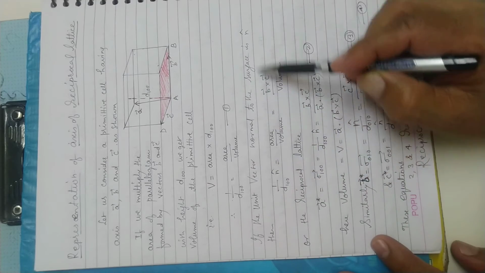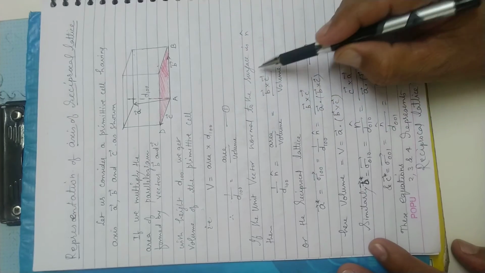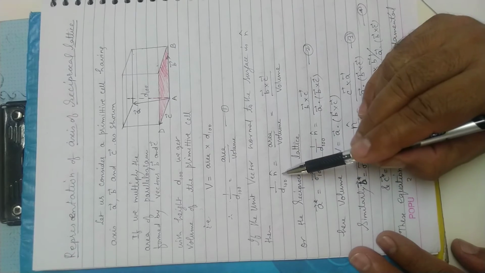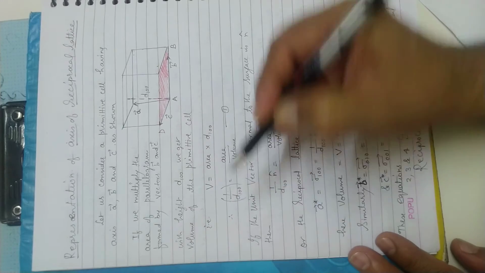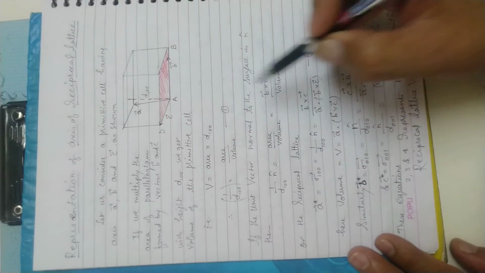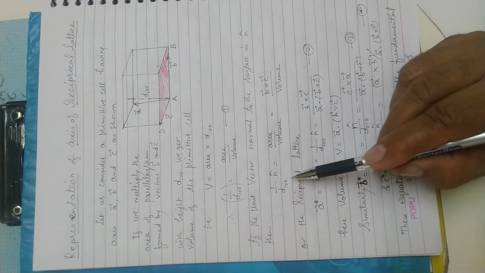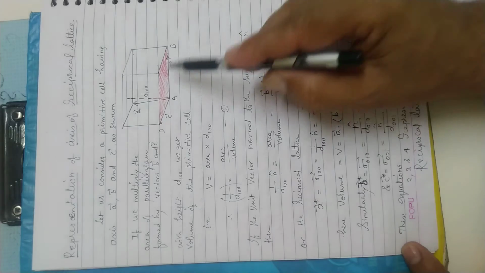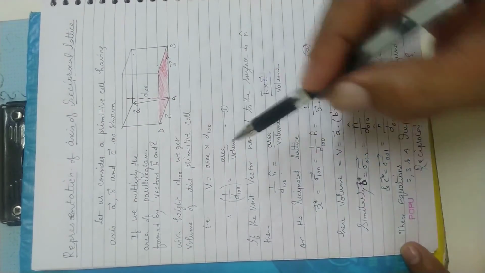If the unit vector normal to the region is n cap, as I have been telling you, B cross C will be BC sine theta n cap. So then this 1 upon d100 can be assigned a direction, and that is 1 upon d100 n cap is B cross C, the area, upon the volume, and this is the reciprocal lattice vector of this particular cell normal to B cross C, normal to the surface formed by B and C. B cross C itself is the direction.